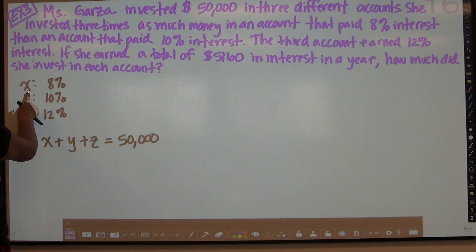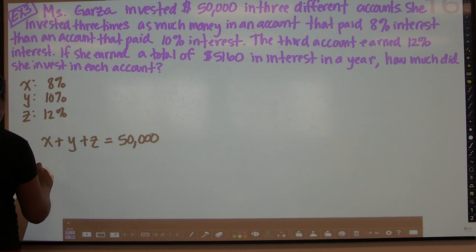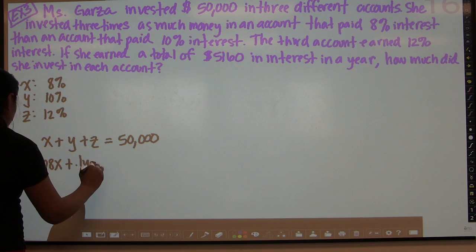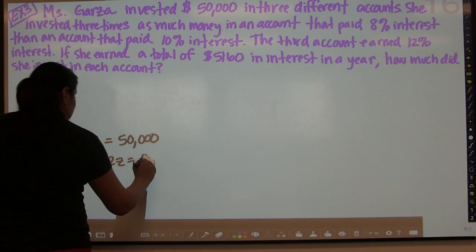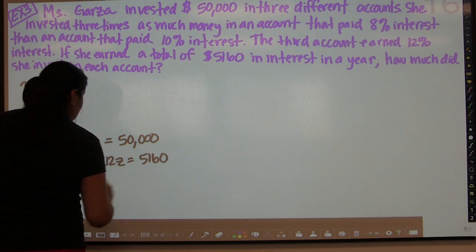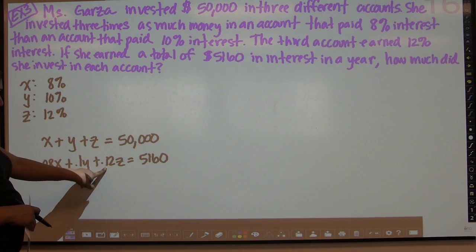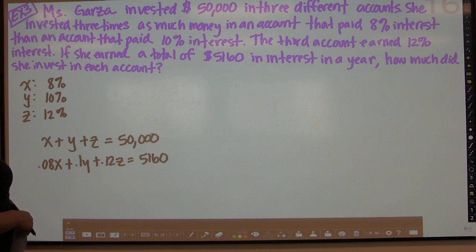Since X is how much money I have and 8 is my interest rate, then I can go 0.08x plus 0.1y plus 0.12z equals 5160. Okay, so what I'm saying there is 8% times x, 10% times y, 12% times z should equal total interest earned of $5,160.